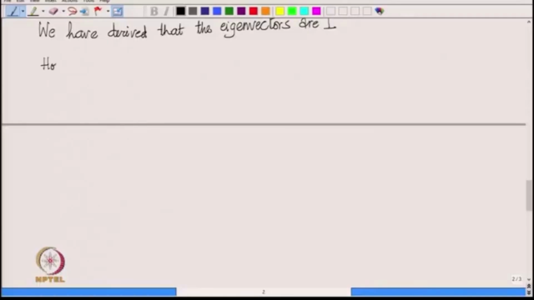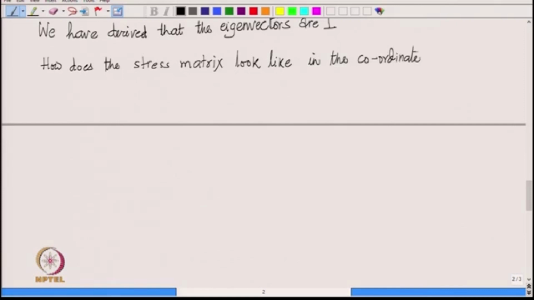So, now how does the stress matrix look like in the coordinate system of eigenvectors.